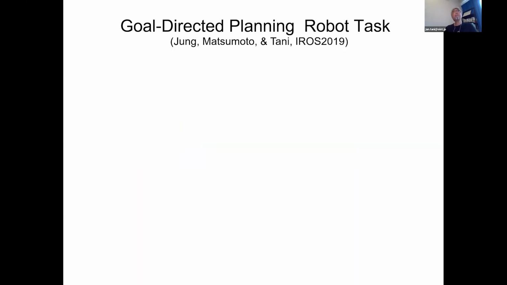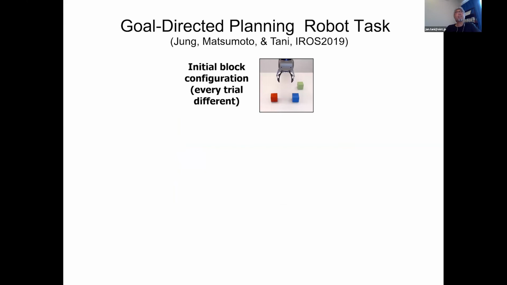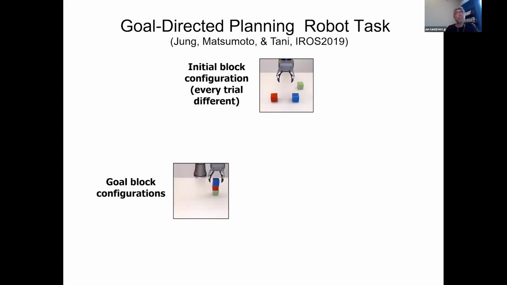Goal-directed planning in the robot task is something like this. For this arm robot, the initial block configuration has red, blue, and green blocks located randomly like here. Then the robot is asked to achieve this goal, visually shown, with pixel-level vision of 64 given.